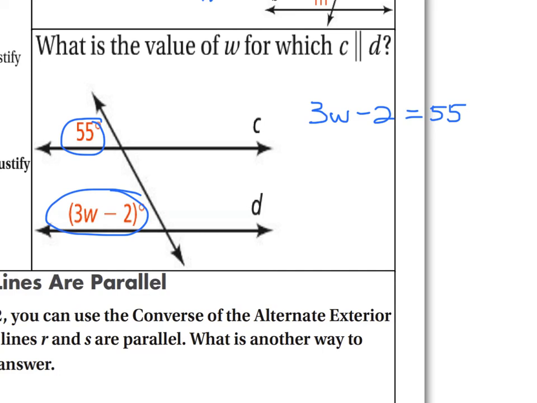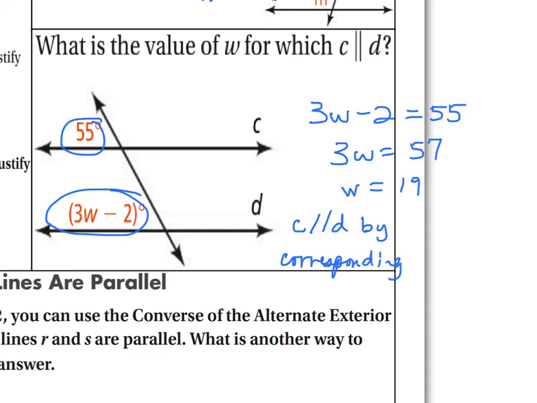So when I solve this, 3W equals 57, and in this case, W is going to equal 19. Okay, so the value of 19 is going to make these two lines parallel, and C would be parallel to D by corresponding angles being congruent.